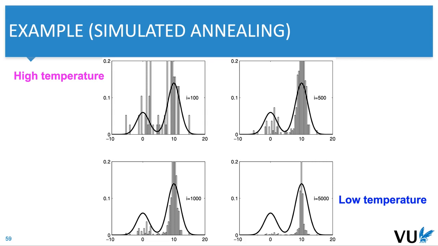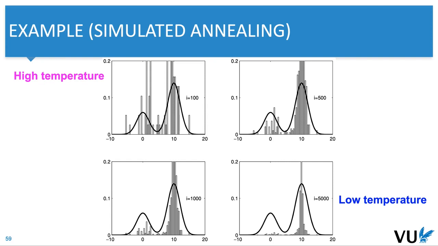And here is an example. So in this left upper corner, we have very high temperature. So we sample a lot from the space, and then we see that we have a lot of accepted points.